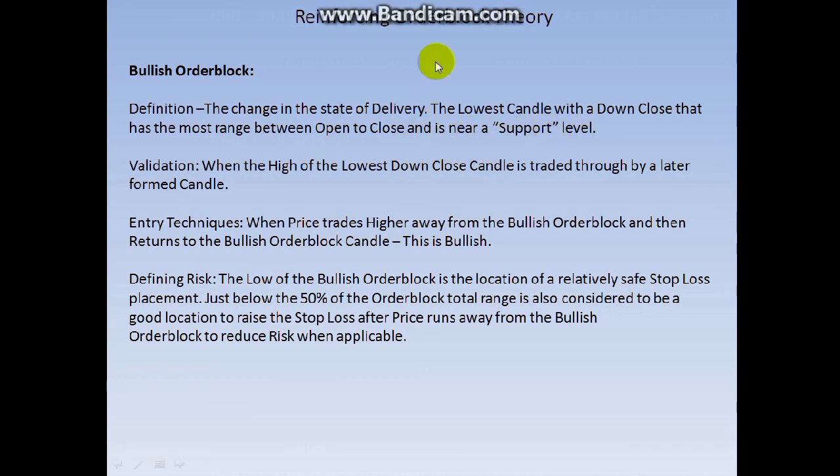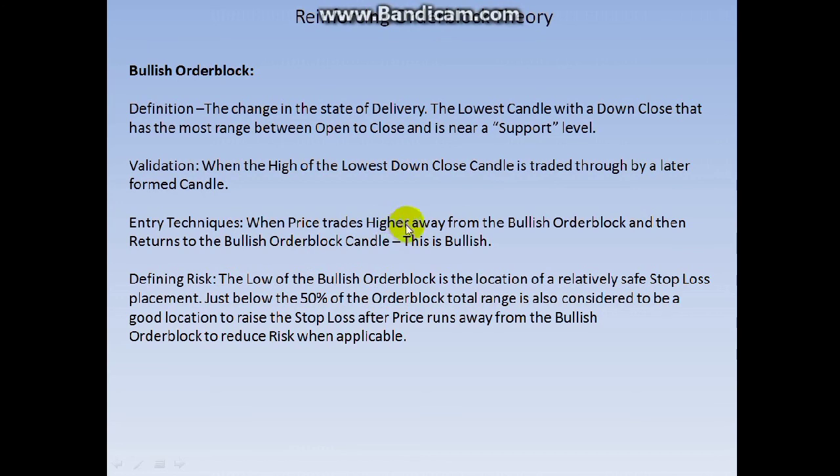It might be some sort of old high being taken out, a run on liquidity. It might be a fair value gap being reached for, just any resistance level, or higher time frame resistance level. Then the validation is going to be when the low of the highest up-close candle is traded through by a later formed candle. So that is just going to be vice versa for everything.